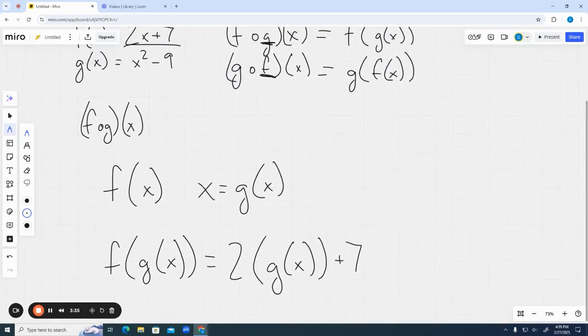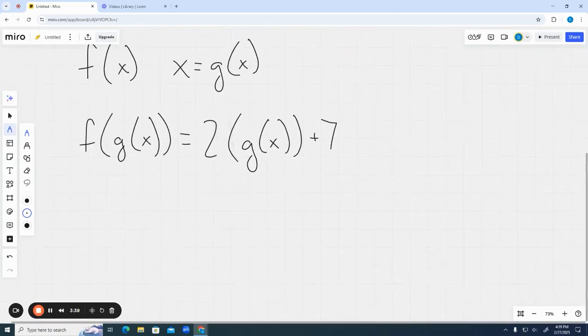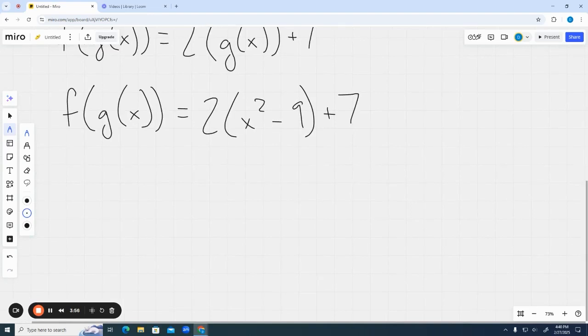And then we can evaluate that further, because g of x is equal to x squared minus 9, and we can just substitute, right? So f of g of x is equal to 2 times x squared minus 9 plus 7.